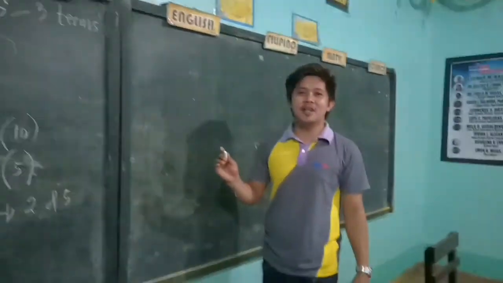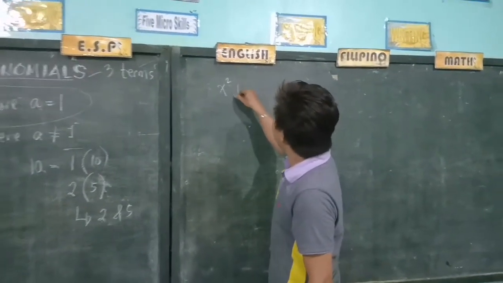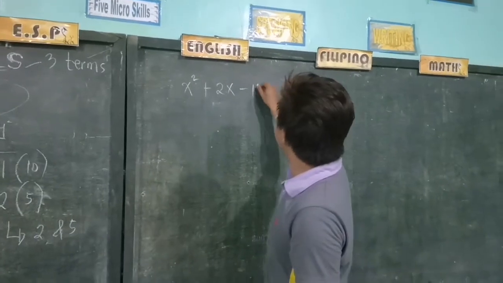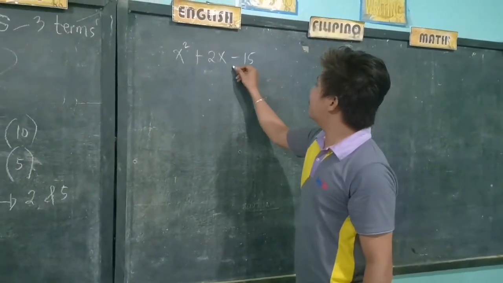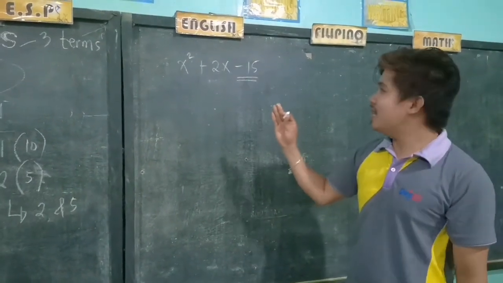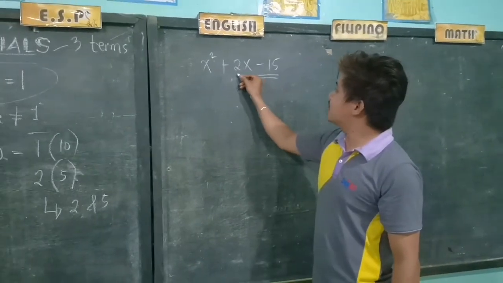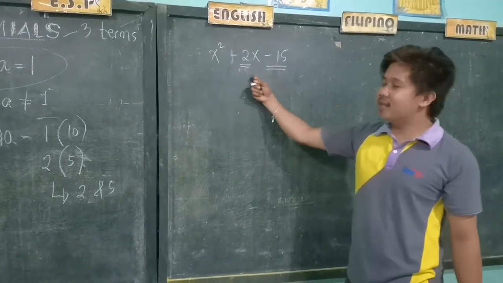Let us consider the second example. We are going to factor x squared plus 2x minus 15. Again, let us get the factors of the last term, and we will see to it that the sum of the factors is 2. That's the middle term.